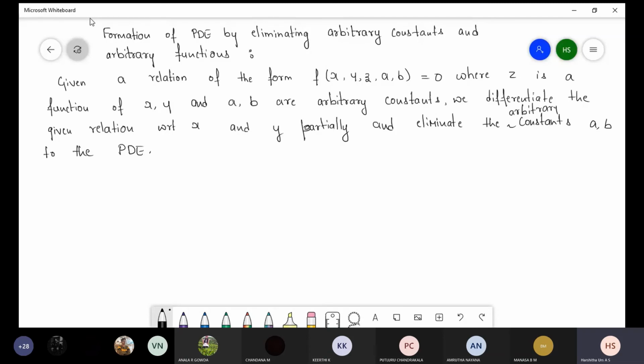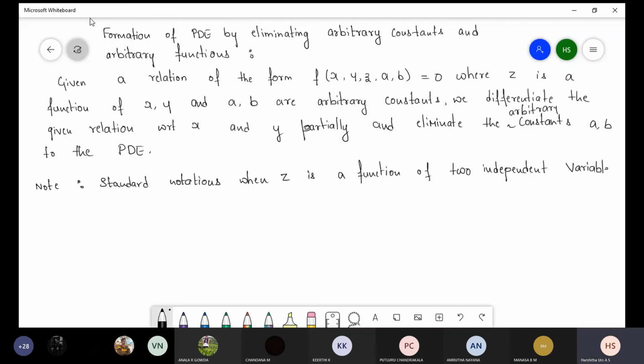Note, standard notations when z is a function of two independent variables x, y will be used.